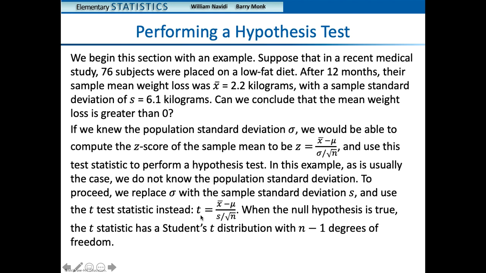So this is the formula for the t-value, and our test statistic in this case is a t-value instead of a z-score. And we assume that the null hypothesis is true when we compute this t-value, and we say that it follows a student's t-distribution with n minus 1 degrees of freedom.